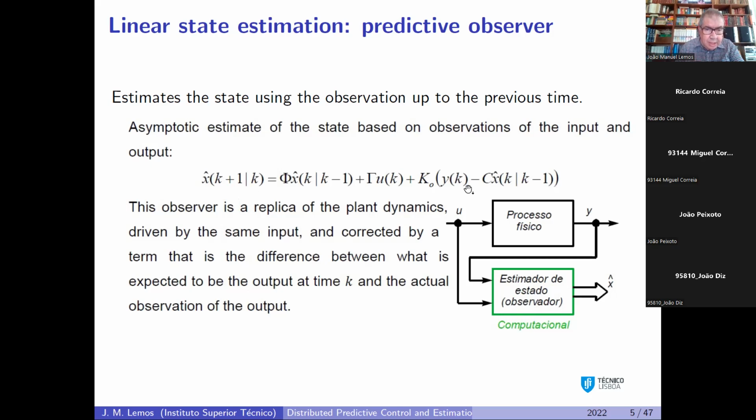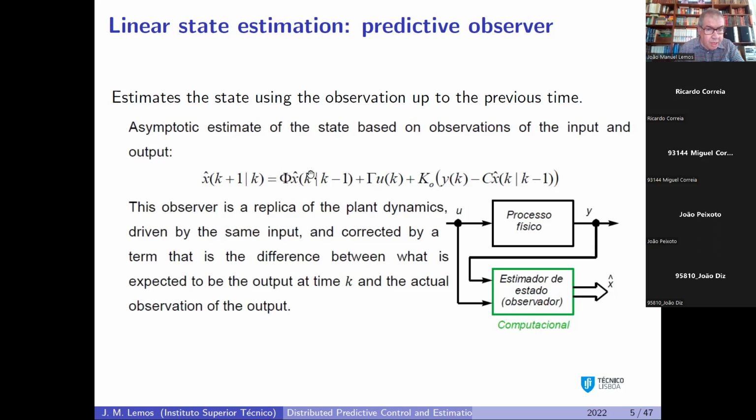One possibility is to do this. We make a replica of our system. That is to say, x hat of k plus 1, the estimate of the state at time k plus 1, is just a copy of the dynamics of the system: phi x hat of k plus gamma uk.